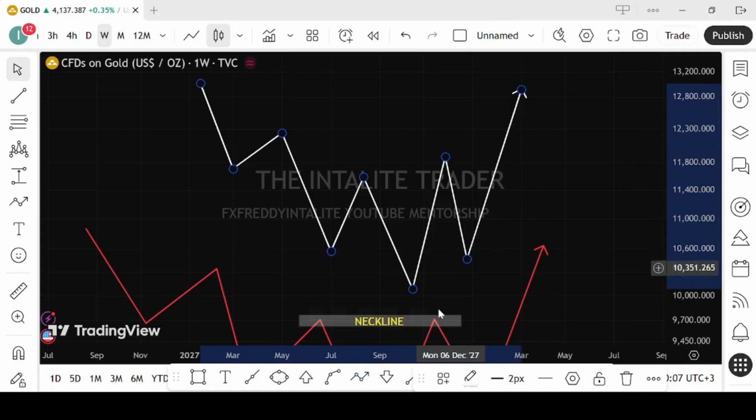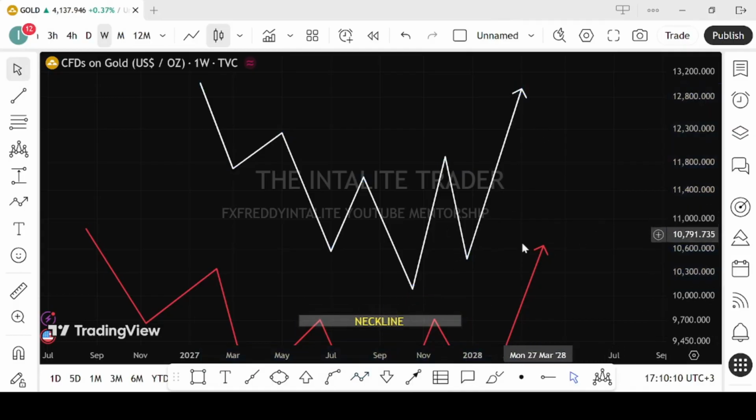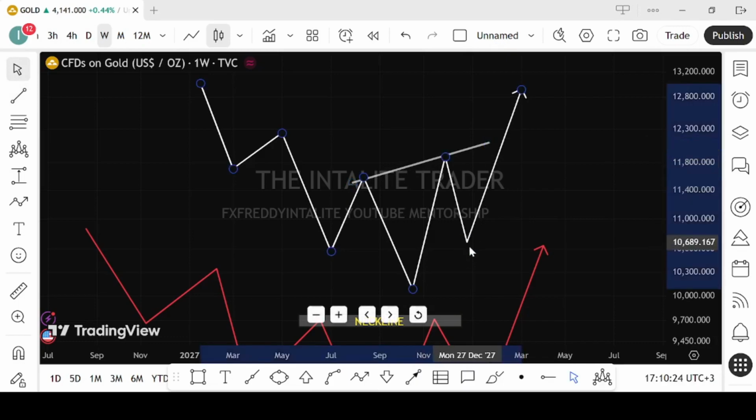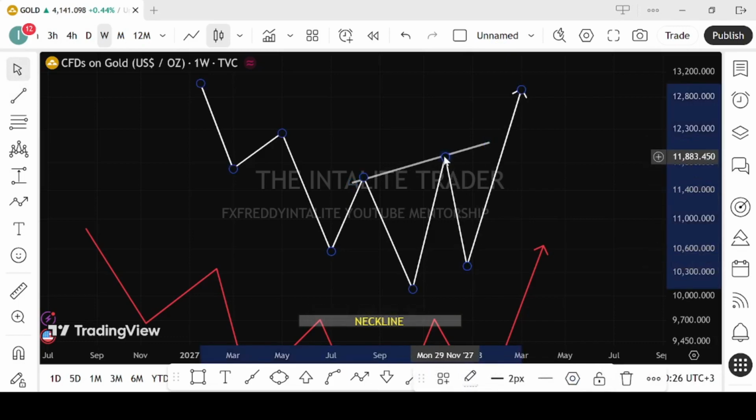This is a very high quality trend reversal head and shoulder pattern. Why? Because price is already in a moving trend. You have this slanted neckline and you have this higher low. But above all, you have a higher high, this higher high.